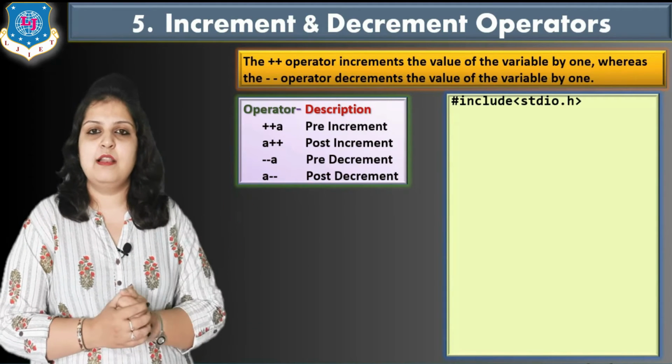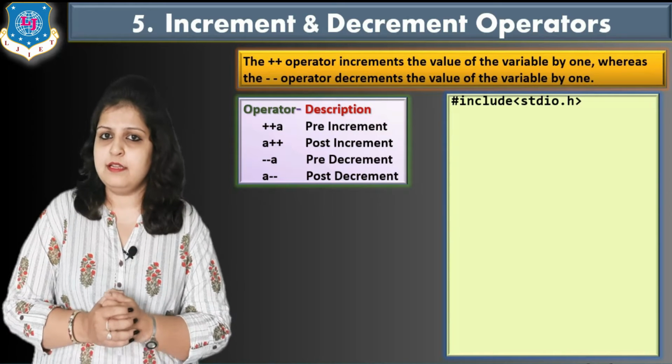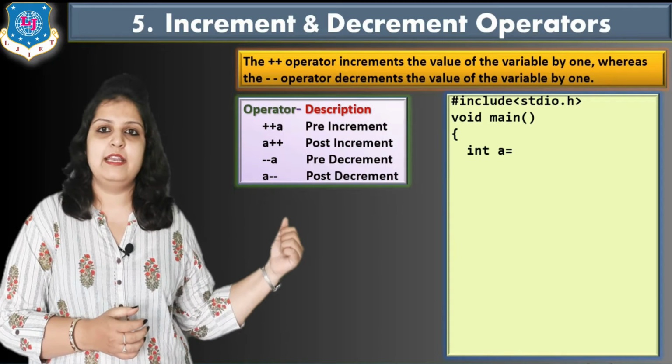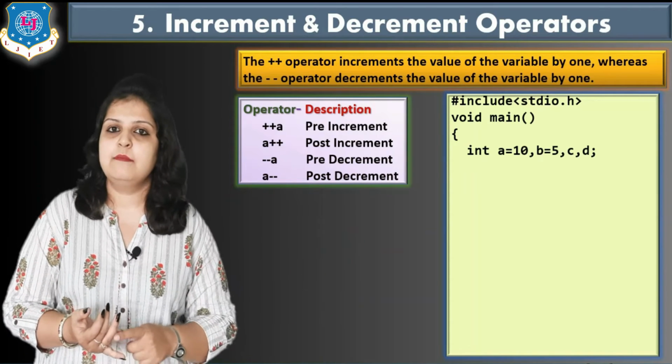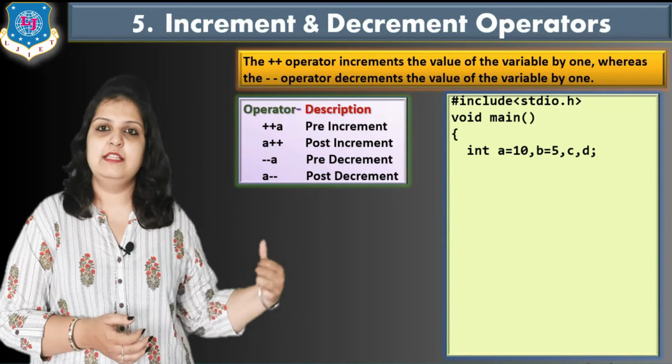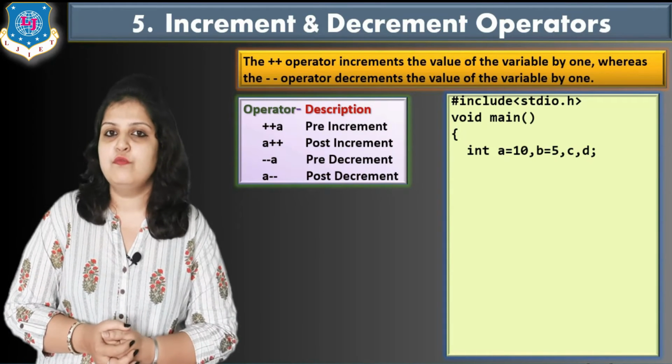First, for example, include our header file. Then in the main function I am declaring 4 variables A, B, C and D, and I am assigning values to A and B. A is equal to 10 and B is equal to 5.